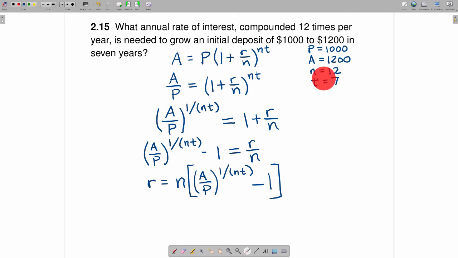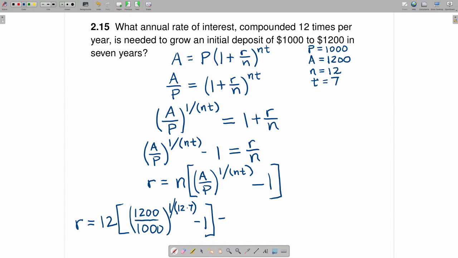At this point, all we need to do is plug in these numbers, and we'll have the rate necessary. We'll start at the far left. R is equal to N, and N is equal to 12, multiplied by A over P. A is 1,200. P is 1,000. That will get raised to the 1 over NT power, so that's going to be 1 over 12 times 7, minus 1.